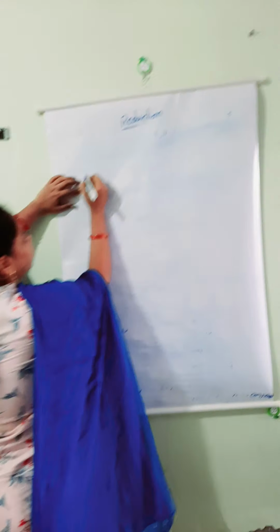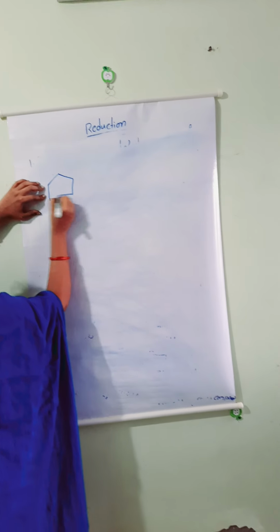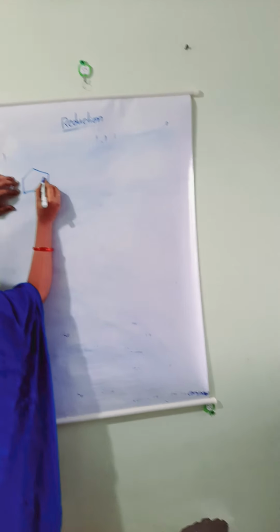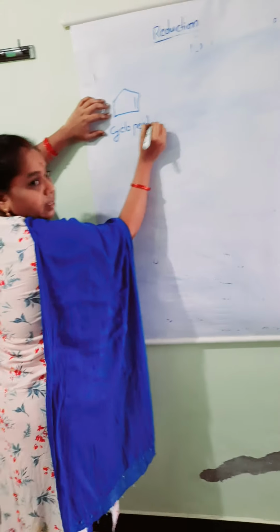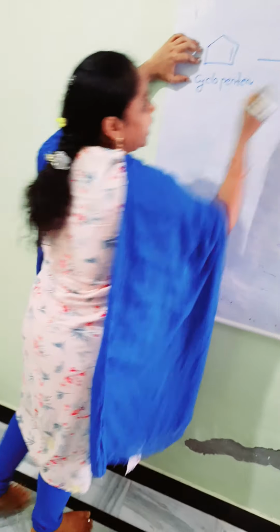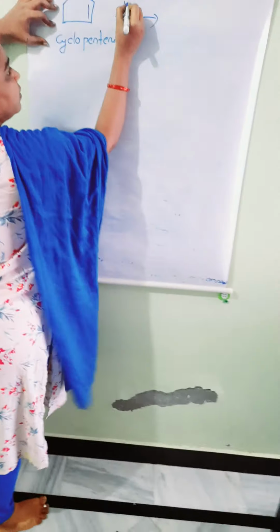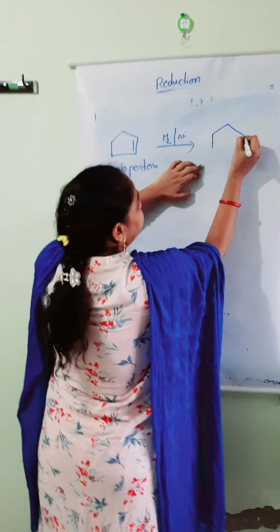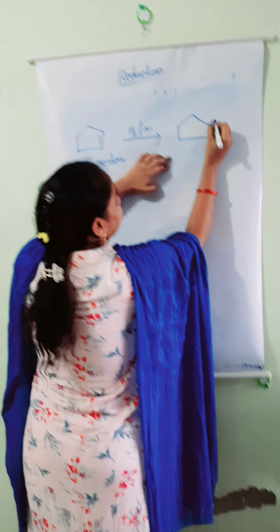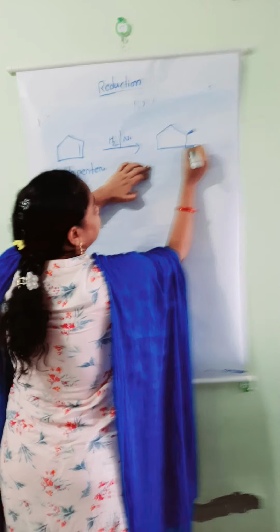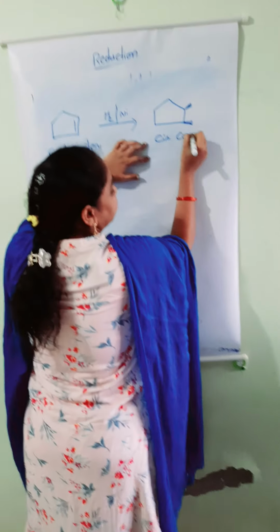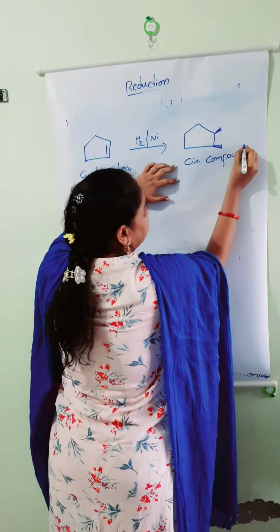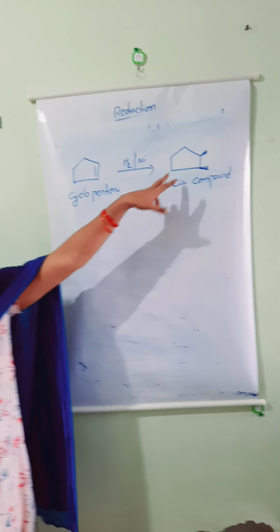Suppose we take cyclopentene. It can be reduced in the presence of nickel catalyst. We will get the cis product.